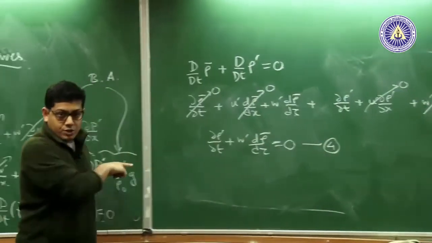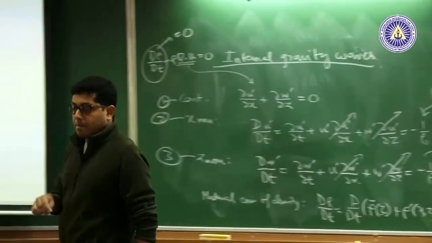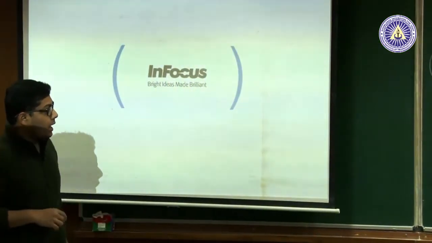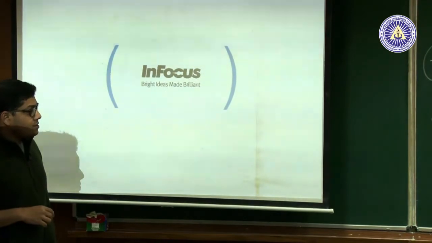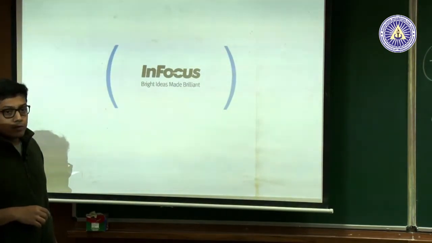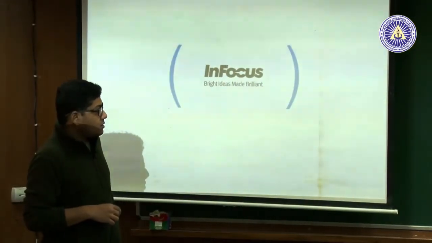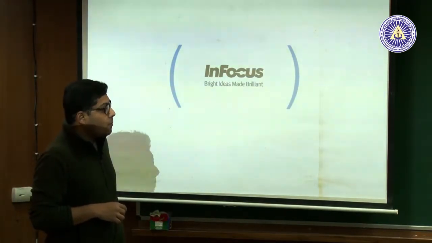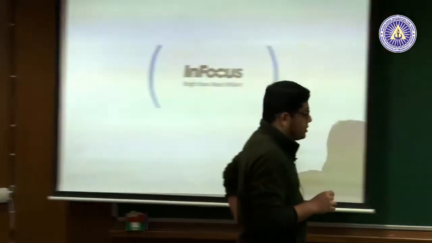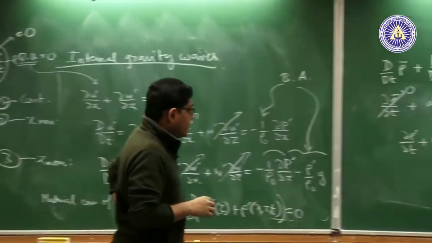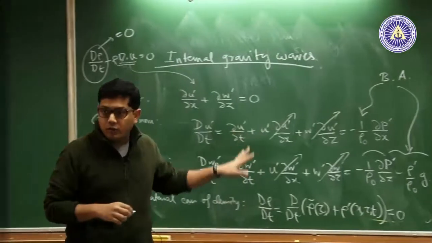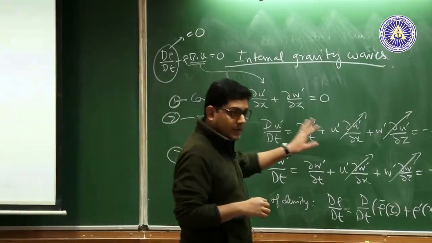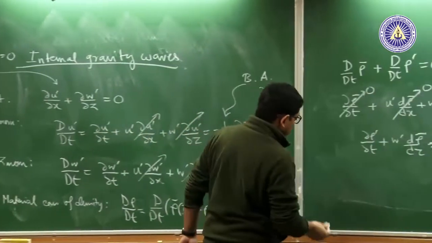Actually, this equation was written in the slide. So, you have 4 equations and 4 unknowns, and you can potentially solve the problem. You combine all of them and get a single equation. It is slightly more involved to combine them into a single equation, but what happens finally is what I am going to write.